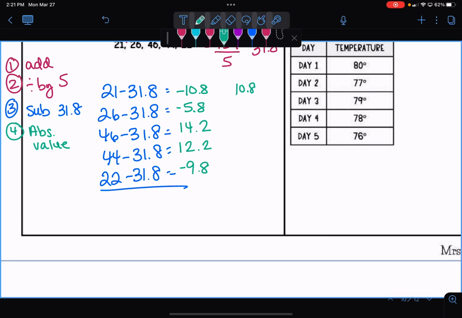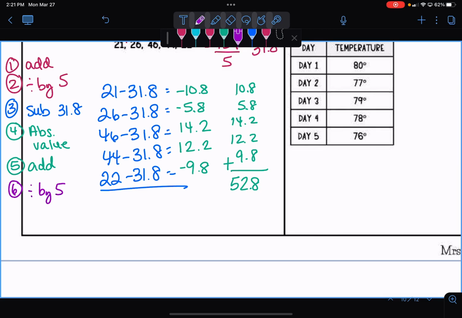So 10.8, 5.8, 14.2, 12.2. Yeah, you just make them positive. And then what do you think we're going to do? Add them up again. 52.8. And then what's the final step? Divide by what? Very good.